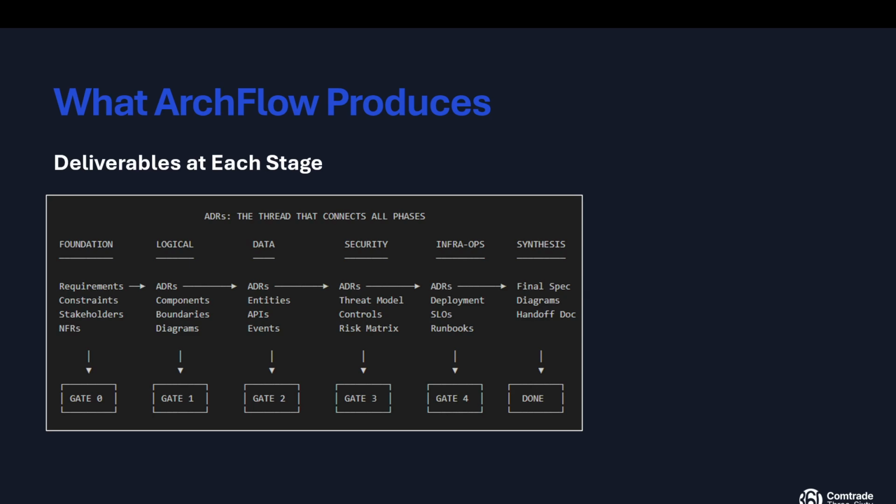And finally, in the synthesis phase, everything comes together into a final specification document, comprehensive diagrams, and a handoff package for the development team. Please note that ADRs flow through all the phases. The decisions you make in the logical phase inform the data phase. The decisions in the security phase reference the components from the logical phase. Everything is connected. And each gate validates that you have completed the phase properly before you move on.